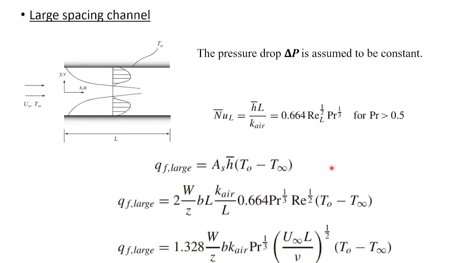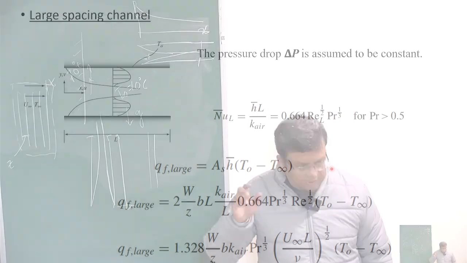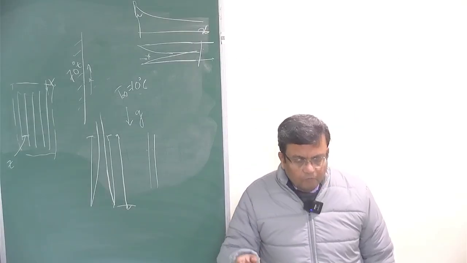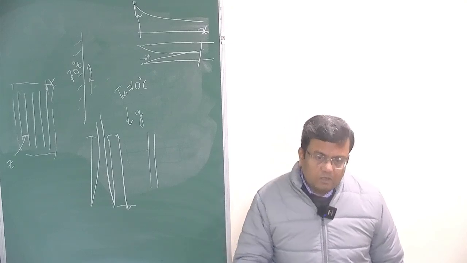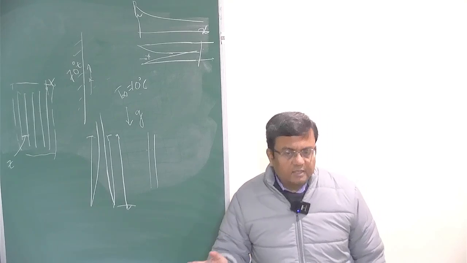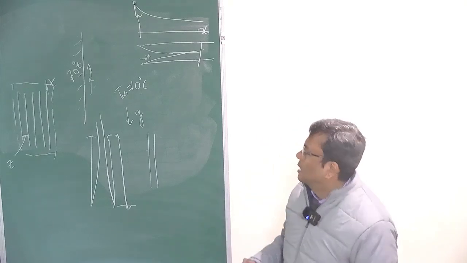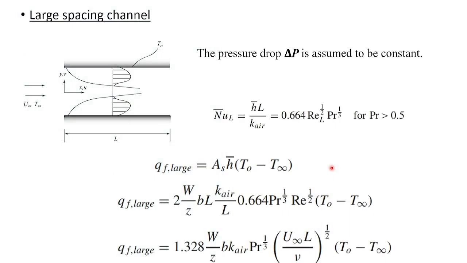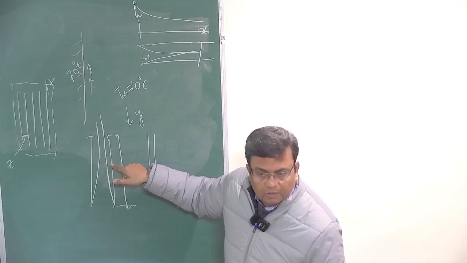In the previous case, we didn't use any Nusselt number correlation because we know it's fully developed flow, so we could get a solution for the velocity. From that, we could get an average velocity. From that, we could get an m dot, then m dot Cp delta T, that's a heat transfer. That was the approach. But here, since the boundary layers are isolated, they're not mixing with each other. So it's not fully developed.